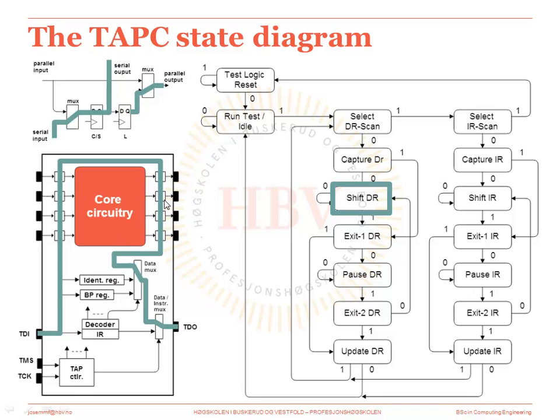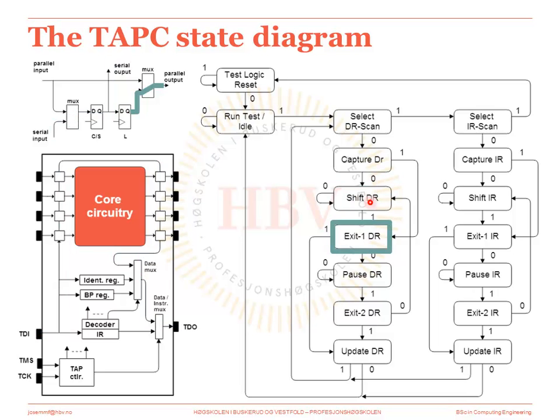Again, we will be here for a number of clock cycles equal to the number of boundary scan cells minus 1, since in the very last clock cycle we will have to go out from shift into exit.